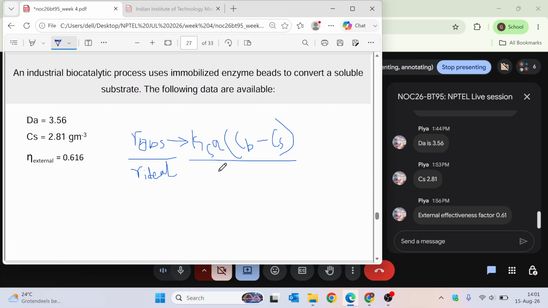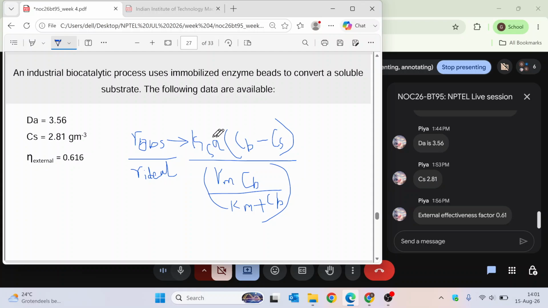This is under ideal conditions where we assume there is no resistance. So the ratio of the observed rate and your ideal rate is your external effectiveness factor. To find the observed rate you use the formula KsA into Cb minus Cs, and to find the ideal rate you use the formula Vm into Cb by Km plus Cb.